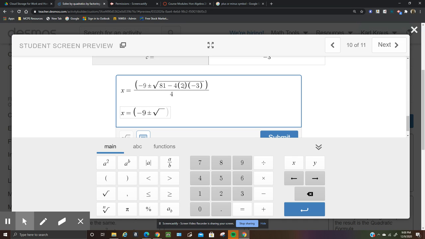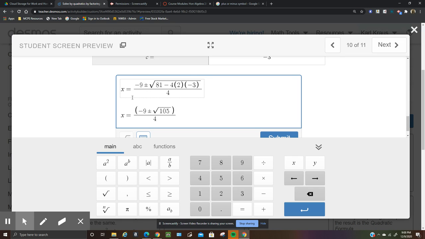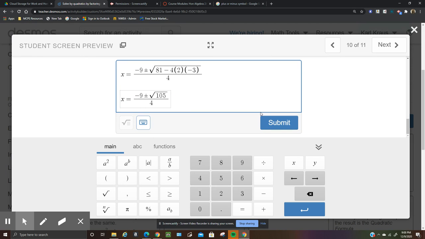This can become positive because there's 2 negatives here. Multiply together makes a positive. 81 and 24 is 105. Just take away the parentheses there.